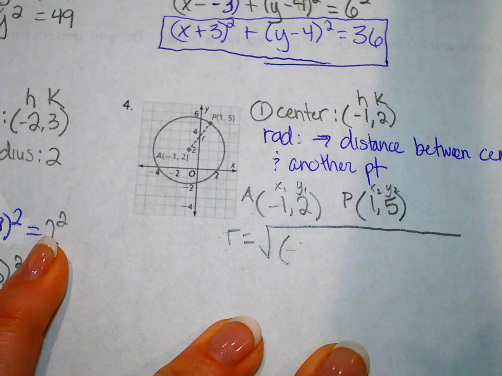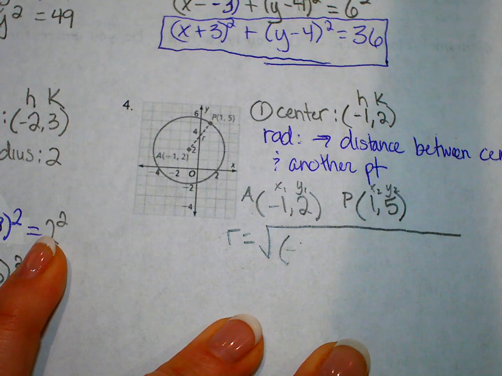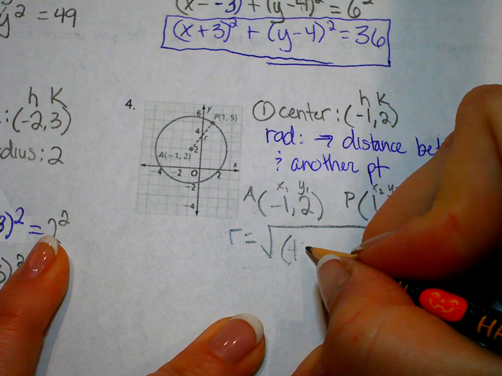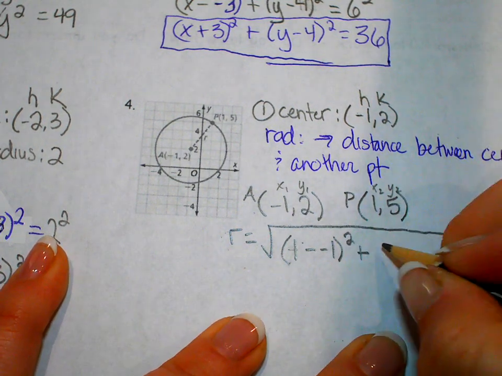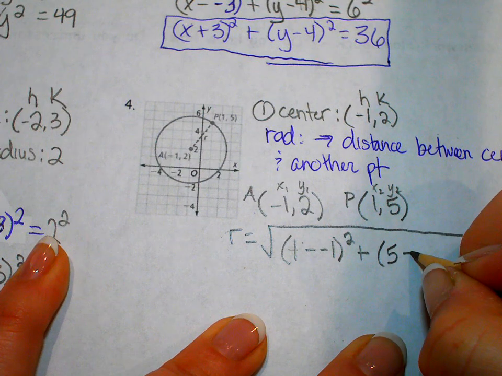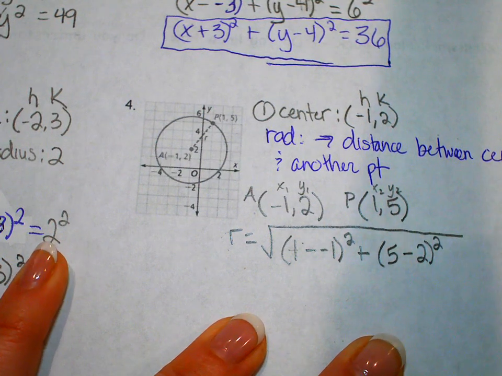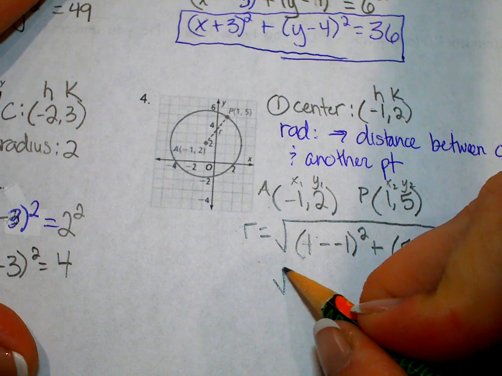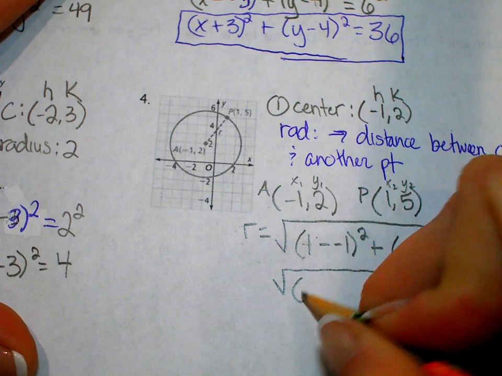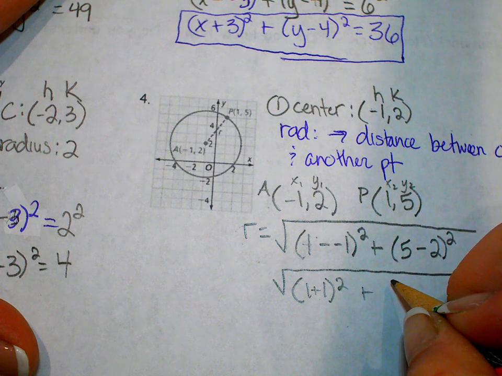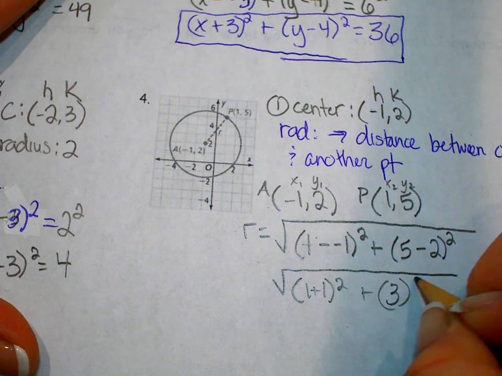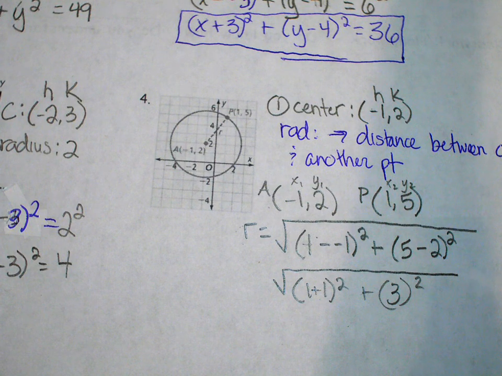Remember all that? Okay, here we go. 1 plus 1 is 2, plus 3 squared, right? Okay, all is good?